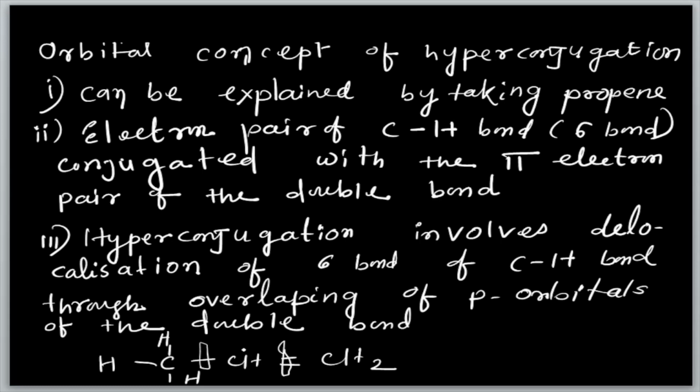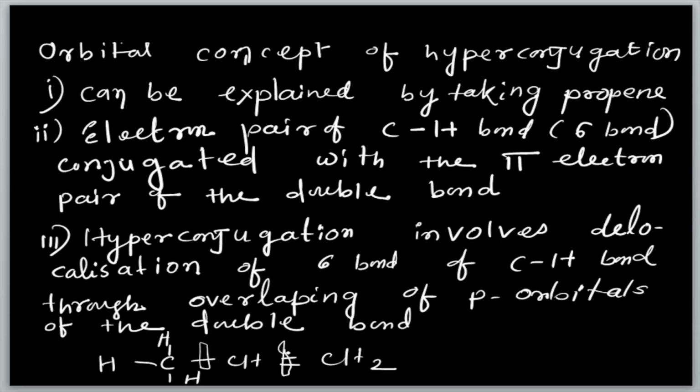Pi overlap, with the p orbitals of the double bond. The electron delocalization of the sigma bond of the CH bond overlaps with the p orbitals of the double bond. Now this is a little bit difficult, but try to understand how the orbital overlapping works. The orbital concept says that this involves the delocalization of the sigma bond, and it is delocalized through overlapping with the double bond.